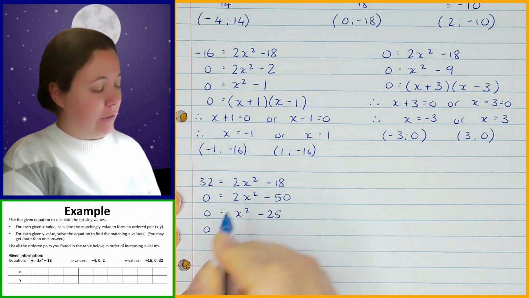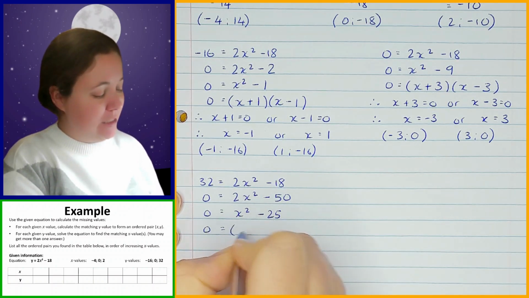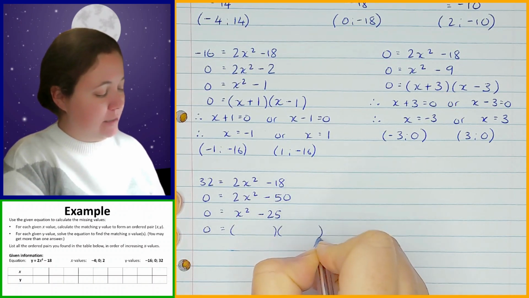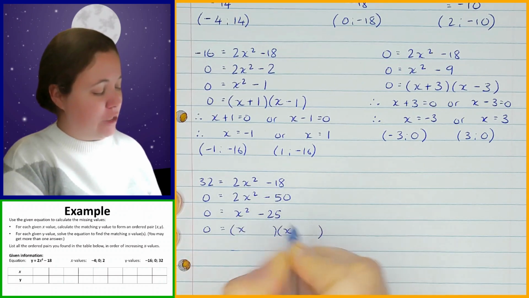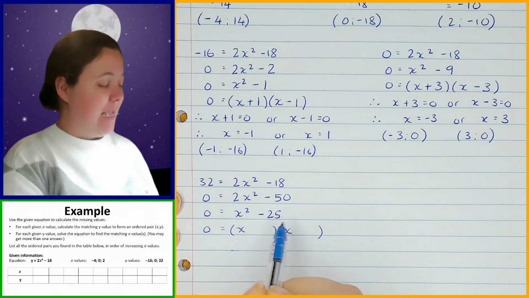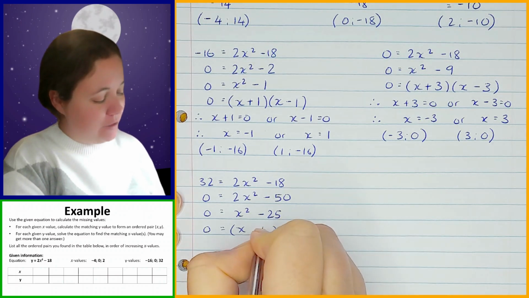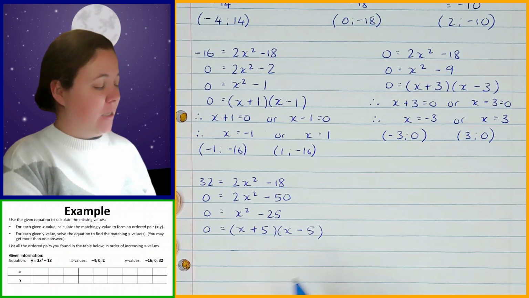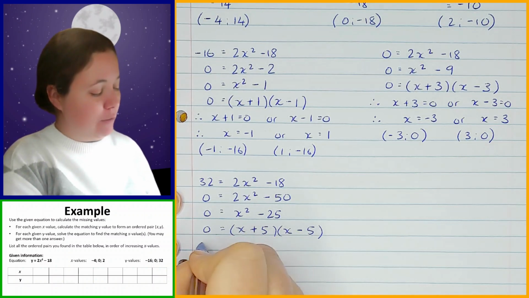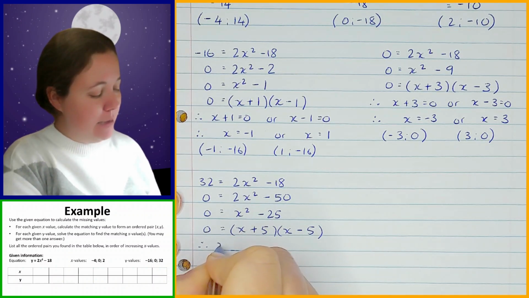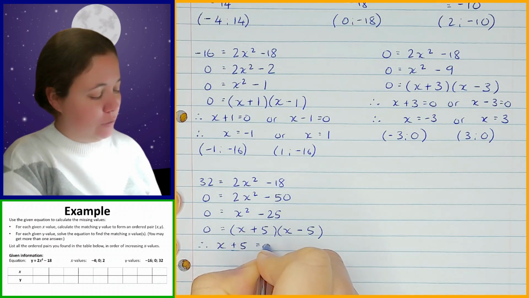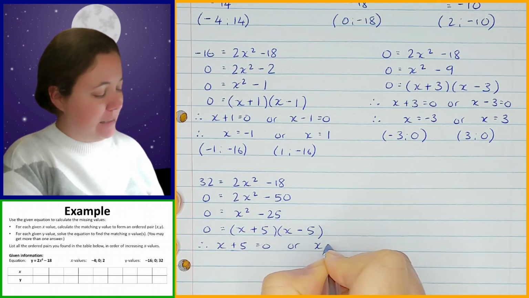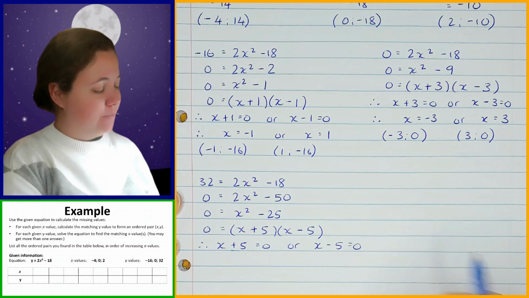And then I'm going to factorize my difference of two squares here. So I open my two brackets. x is the first term in each bracket again because that's the square root of x squared. And then the square root of 25 is 5, so that's going to be the second term in each bracket. And one gets a plus and the other one gets a minus. Now I can take each of those factors and make them equal to 0. So therefore, x + 5 = 0, or x - 5 = 0.